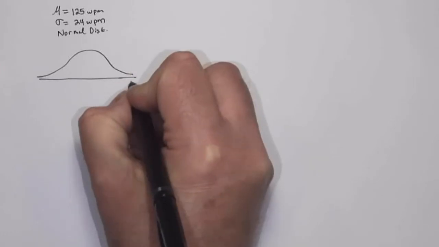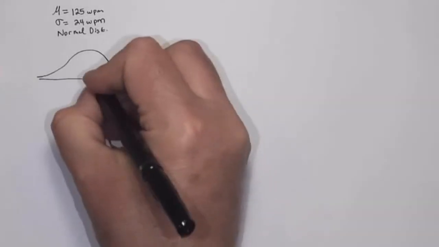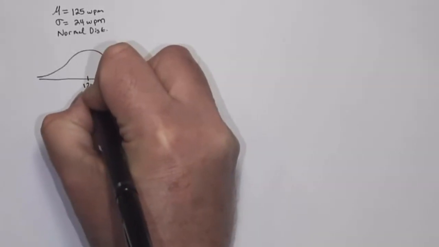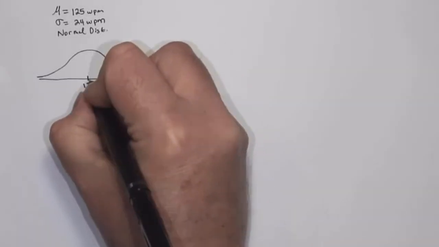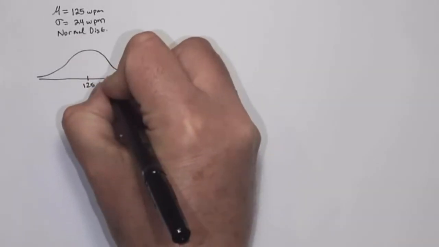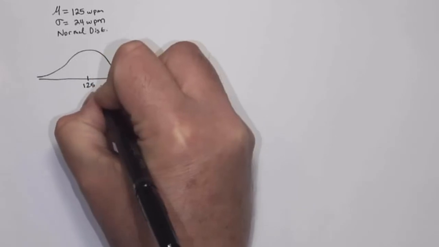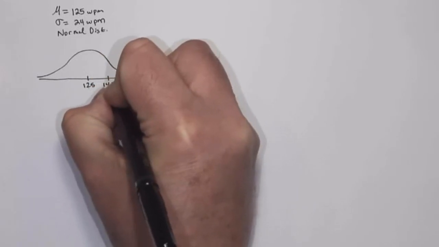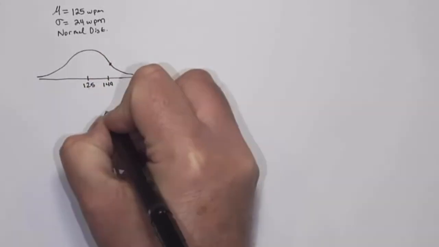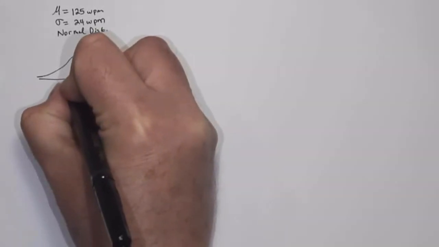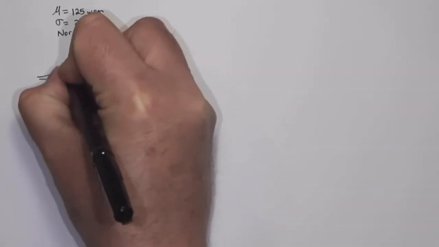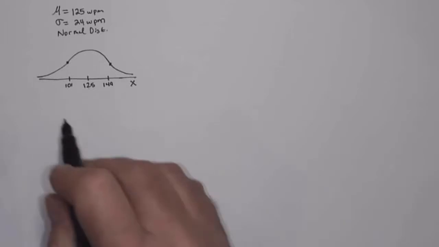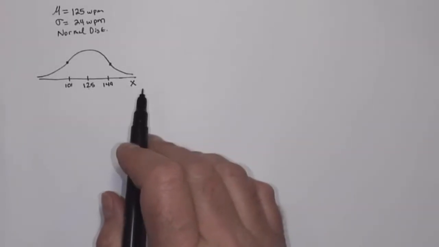We have our variable, reading speed. The mean is 125 words per minute. The standard deviation is 24 words per minute, so 125 plus 24 is 149. That's where this inflection point is. 125 minus 24 is 101. That's where this inflection point is. So this is our model that we're going to use.